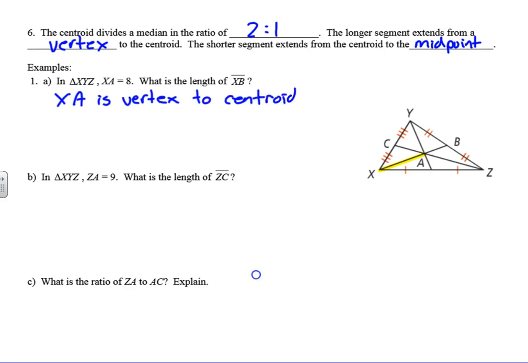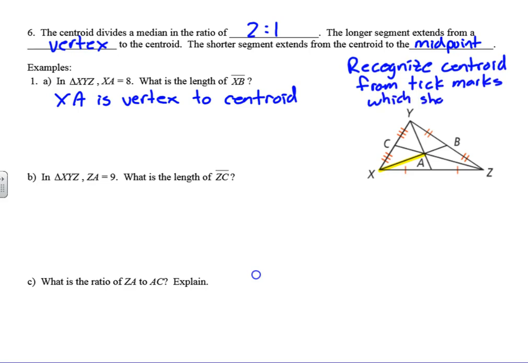Now I should pause for a moment and just say, how do we recognize the centroid? We want to recognize it not just because we're doing this part of the lesson and we've been talking about centroid, but from the tick marks, which show midpoints, and therefore medians.